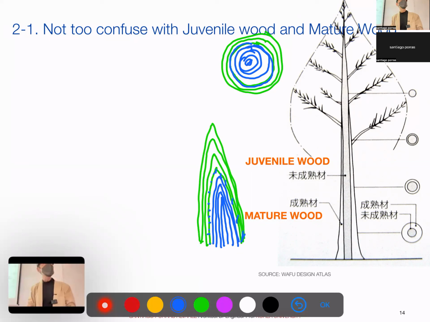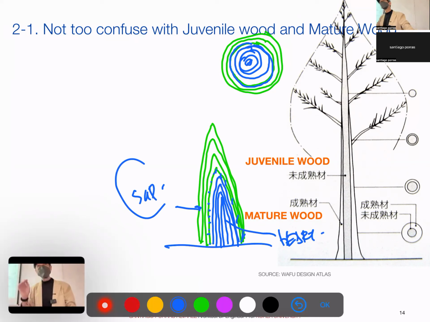So this is the sapwood, or Pyeongjae, and this is the heartwood, Shimjae. But this is confusing. This is the mature wood. This is the juvenile wood. Why is that? And I showed this because you asked.